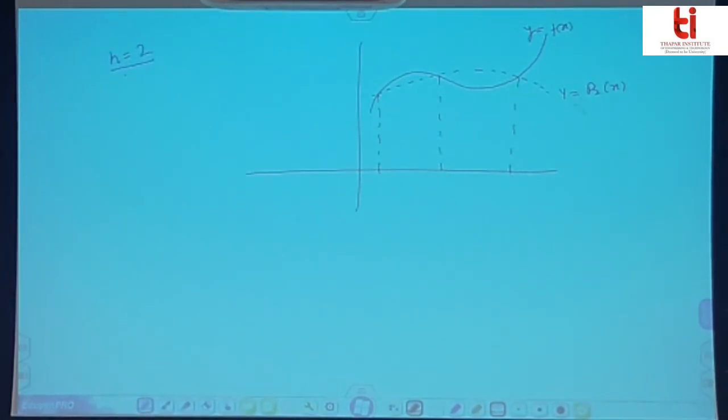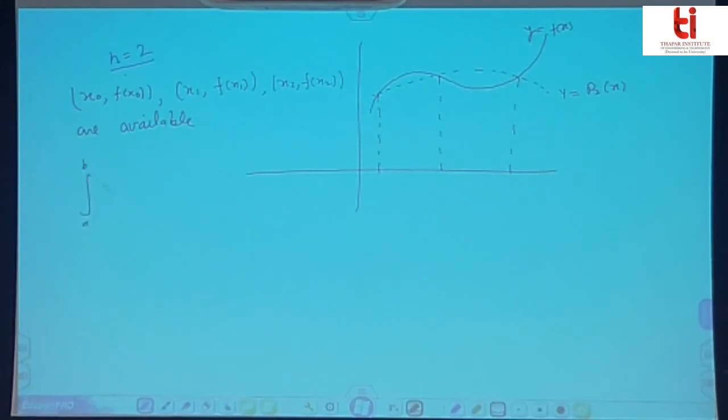This is the actual function, and we approximate it with a second degree polynomial. That means the data points x0, f(x0), x1, f(x1), x2, f(x2) are available.